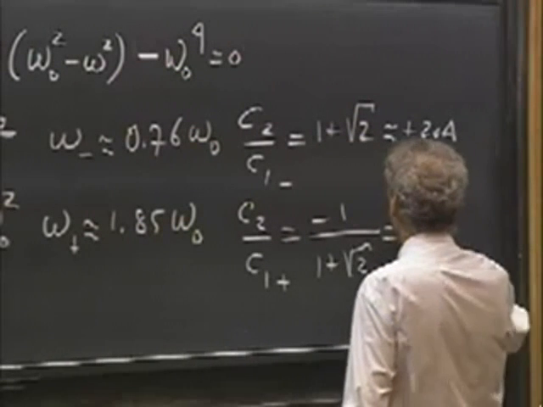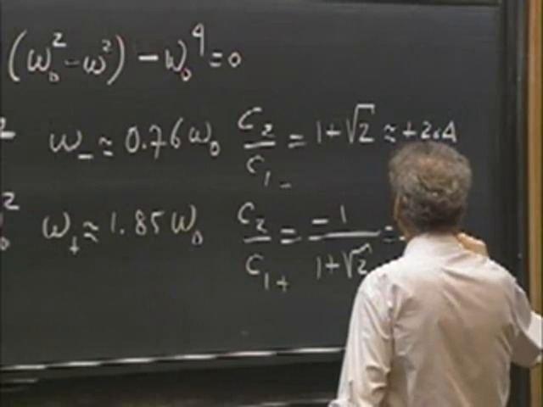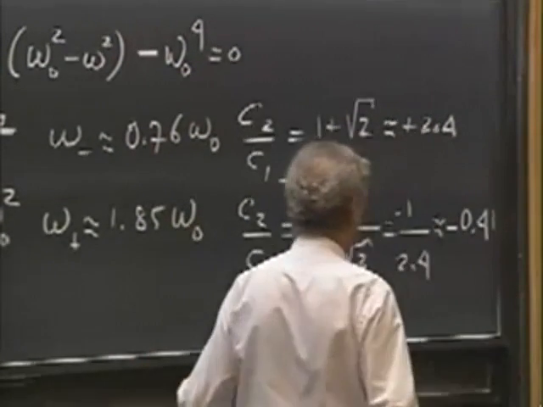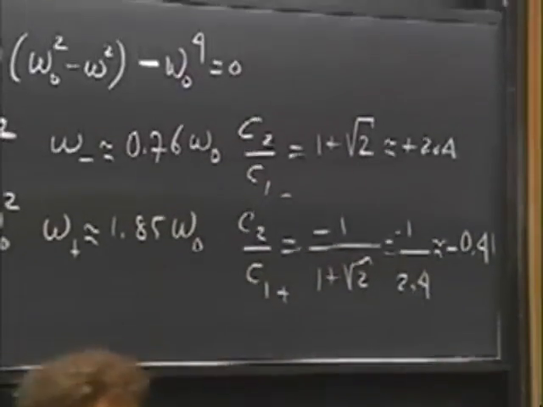So it's going to be minus 1 divided by 2.4, roughly minus 0.41. So those are then the formal solutions for the normal modes.